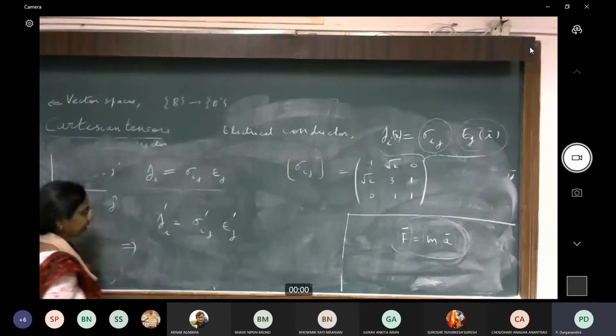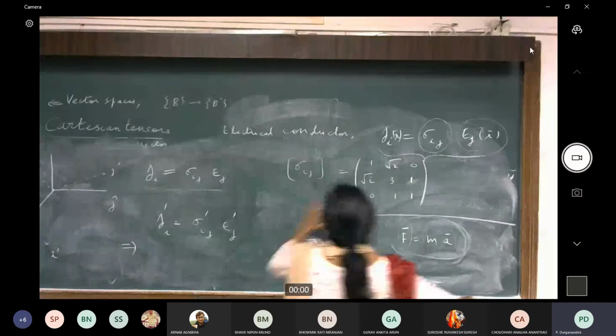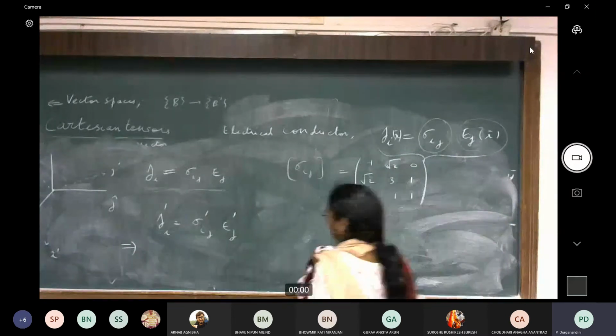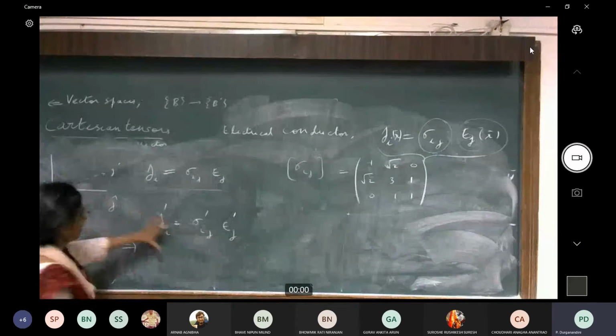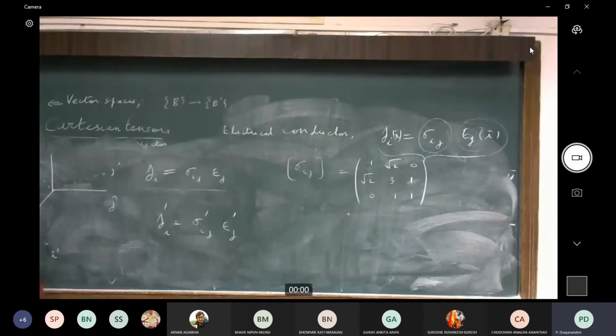So let me write it like this for a minute. Now what I want to ask, I've given you this. So in the new basis which I've chosen, the equation simply becomes this. And now I'm asking you to show that there is a particular direction, some particular i prime, j prime, k prime, one of these.